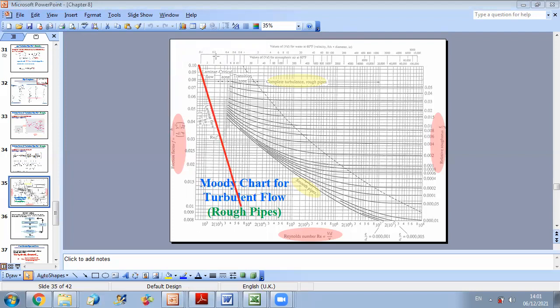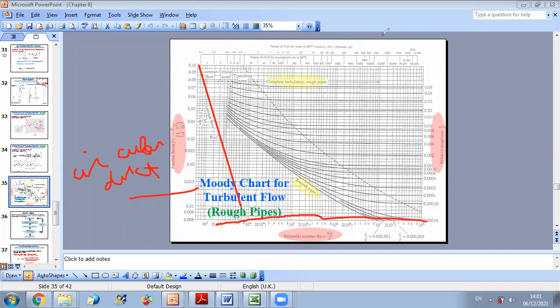The diagram was developed based on circular ducts, where we varied the velocity or the type of the flow to vary the Reynolds number. We varied Reynolds number for different roughness scales, for different values of epsilon over d, and we measured the friction factor.